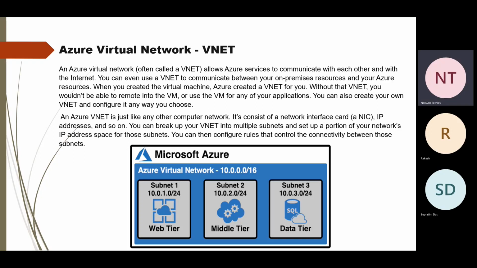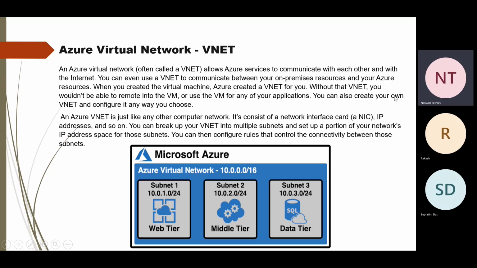Without that VNet, you would not be able to remote into the VMs or use your application. So you will not be able to connect to your VMs without the VNet. VNet contains what? IP addresses. When you create a VM, the IP address is automatically assigned to the VM, and then you use that VM through the IP address.